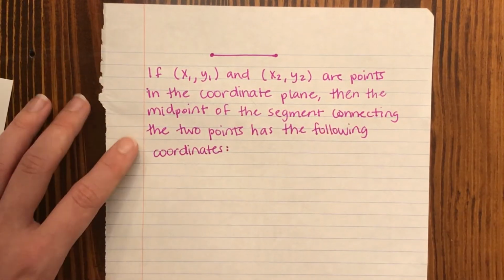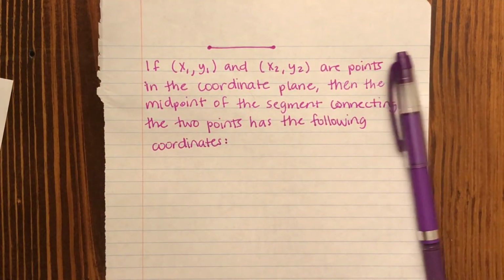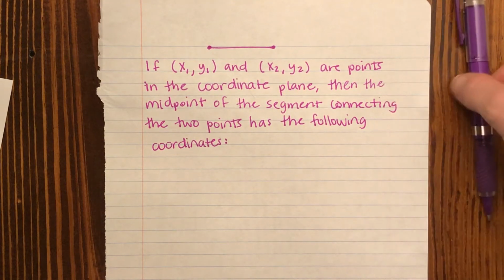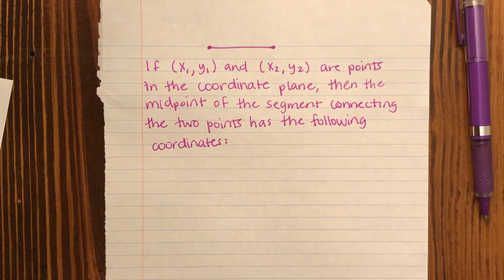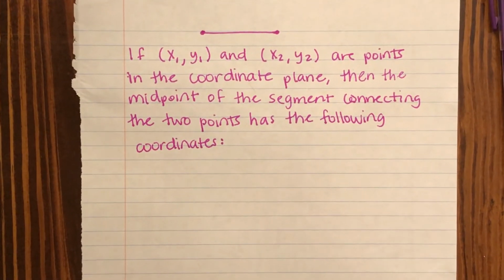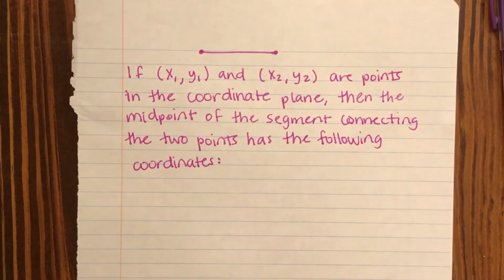Okay, I'm writing all this out because I want y'all to remember that we are in the coordinate plane. Okay, so if (x sub 1, y sub 1) and (x sub 2, y sub 2) are points in the coordinate plane, then the midpoint of the segment connecting the 2 points has the following coordinates.